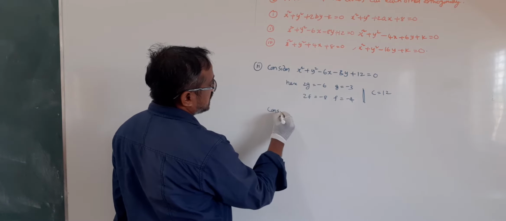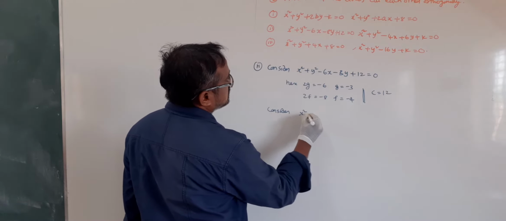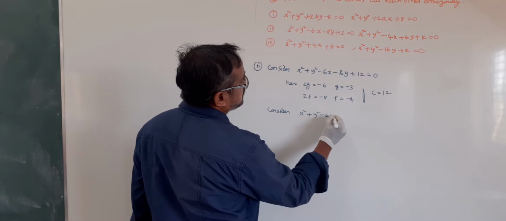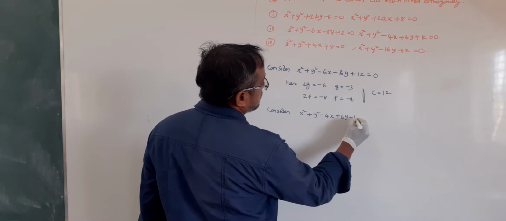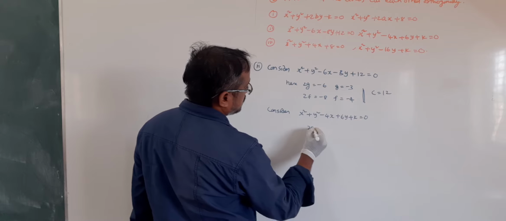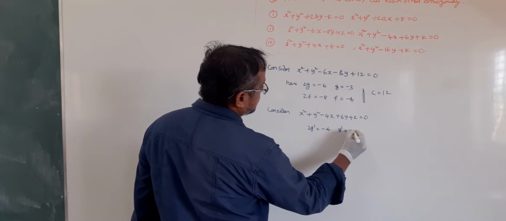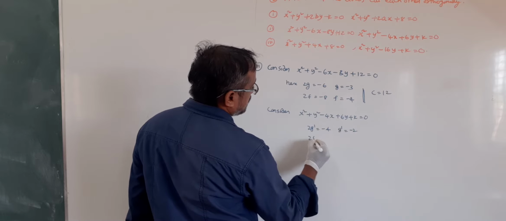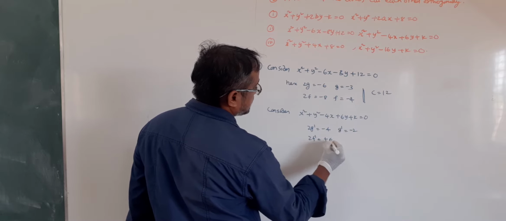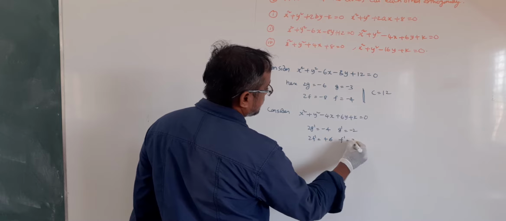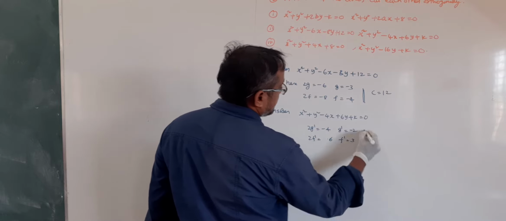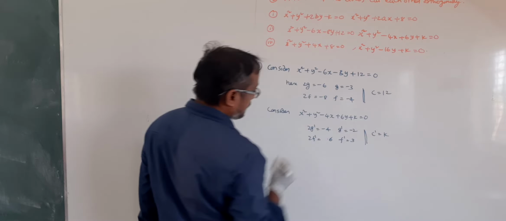And consider another circle x square plus y square minus 4x plus 6y plus k is equal to 0. So 2g' is equal to minus 4, g' is equal to minus 2, 2f' is equal to plus 6 and f' is equal to 3, c' is equal to k.